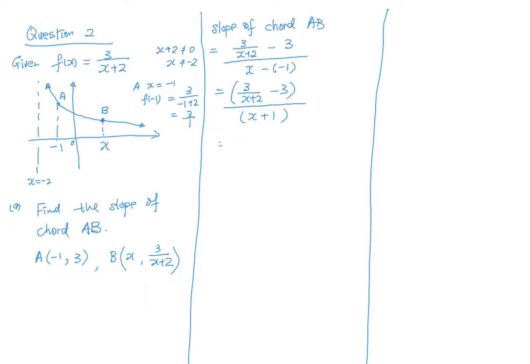So can I write it this way? Divide by X plus 1 means times 1 over X plus 1, correct? So can I change this to a single fraction? Please bracket this up.